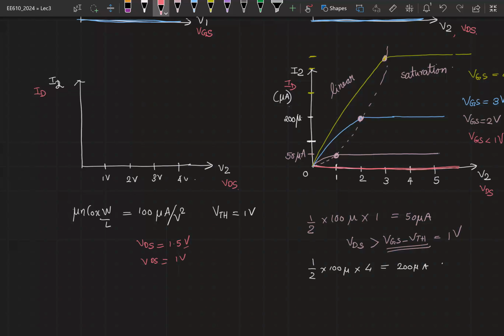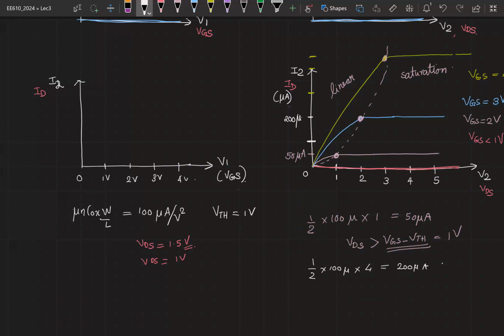So let's start with the 1.5 volt first. How do you expect the curve to look like in the initial regions? So this is I2 versus V1. We're plotting I2 versus V1, that is with respect to VGS.